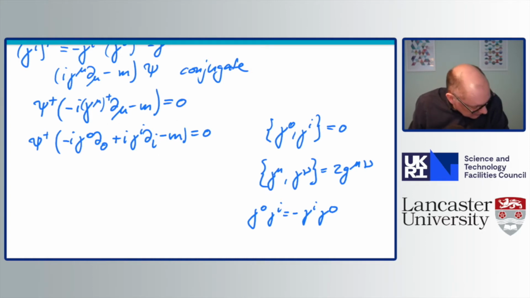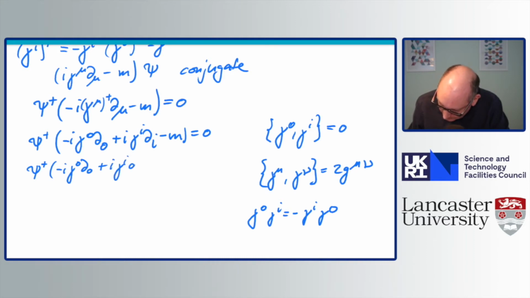then that becomes psi bar, psi dagger, minus i gamma 0 d0 plus i gamma i di minus m multiplied by gamma 0 from the right.